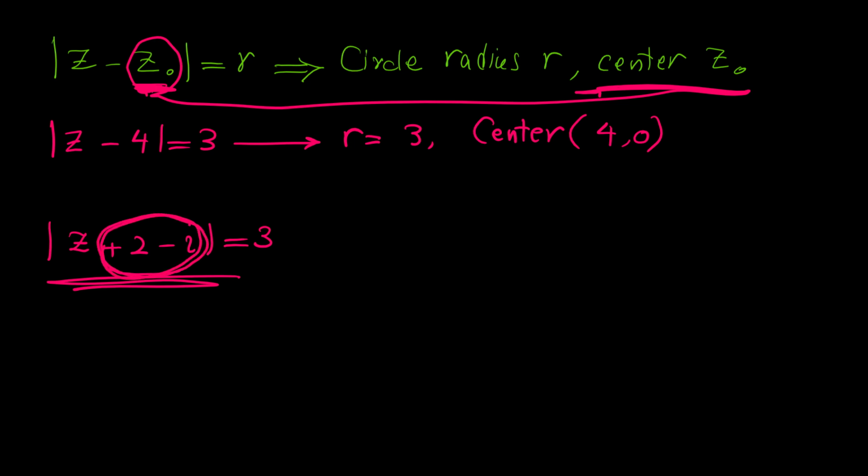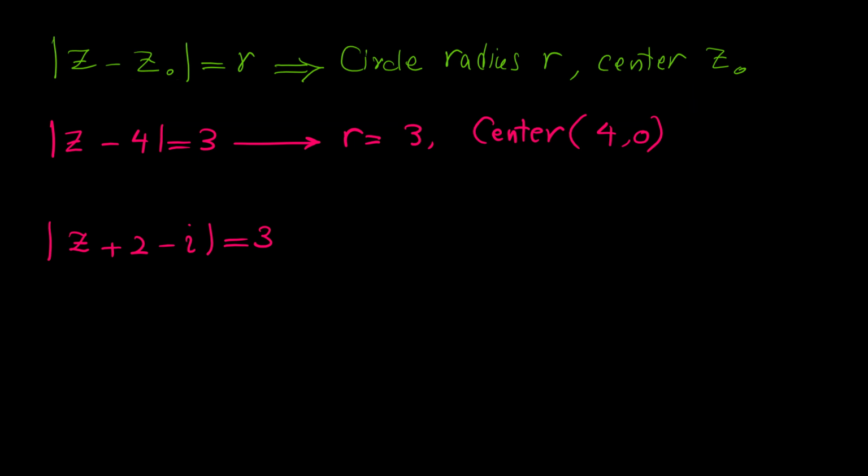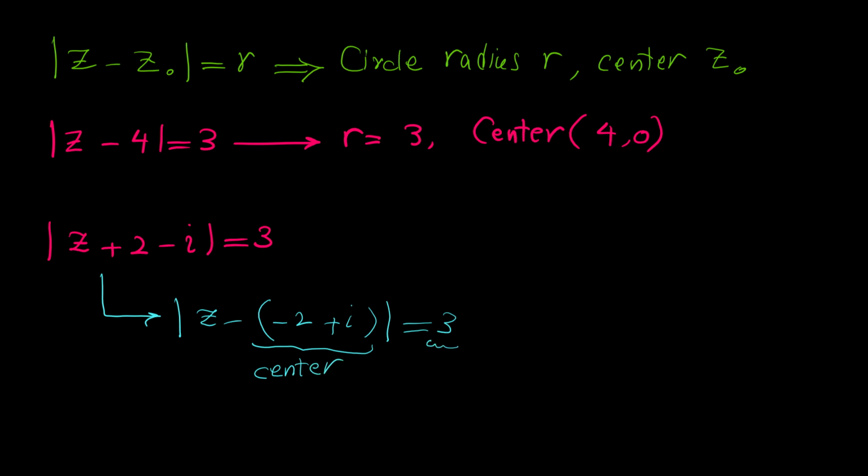So we factor a minus from these 2 minus i. To figure out what this equation shows, first I rewrite this in the form of z minus. If we factor a minus, then we have absolute of z minus negative 2 plus i equals 3. So this point shows the center of the circle, and this shows the radius of the circle.